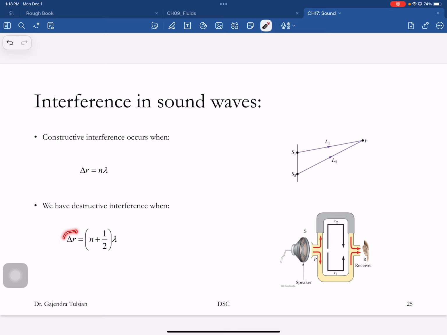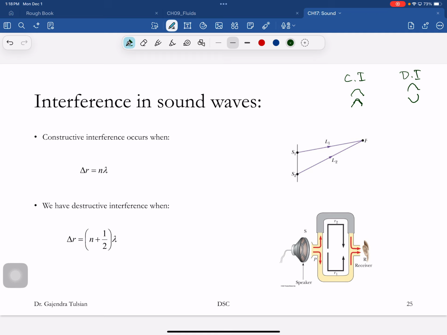If the path difference is a half-integer multiple of the wavelength, you have destructive interference at that point. Constructive interference is when the two waves reach with crests, and destructive is when one reaches with a crest and the other with a trough.